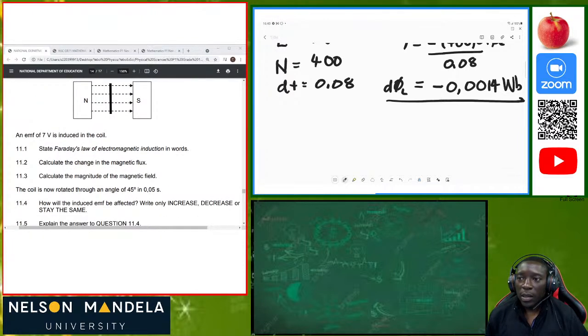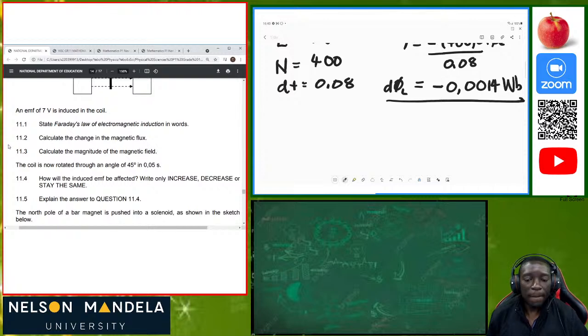So the question that follows says, calculate the magnitude of the magnetic field. For the magnetic field we can use the symbol B, that's the standard notation.